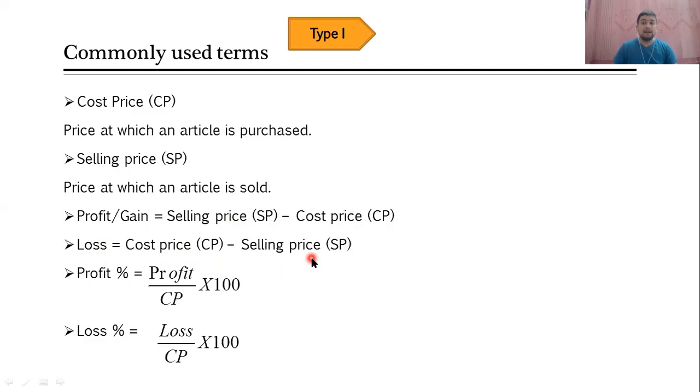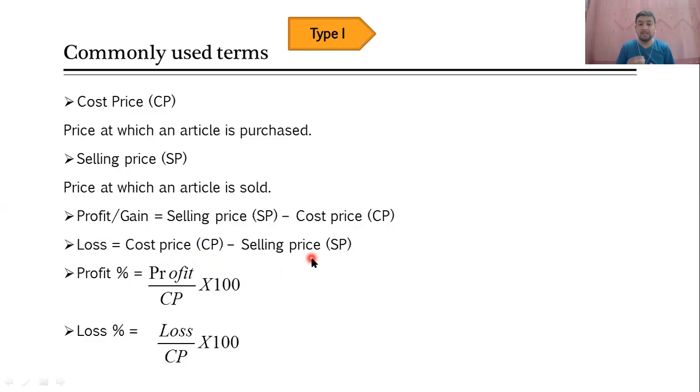See here, let's say you are a shopkeeper and you have one decorative piece. Let's say you have purchased that decorative piece at rupees 100, but you are selling it at 120.